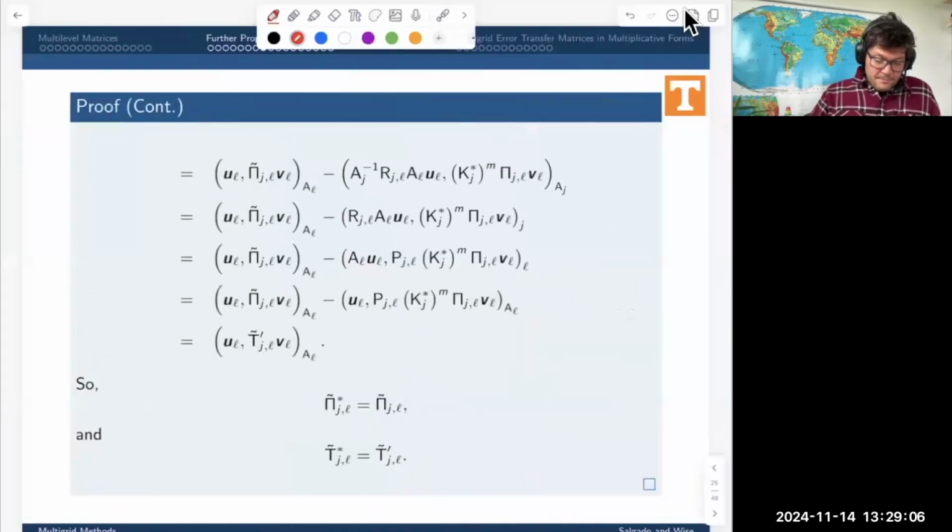So go to the other side. If I go to the other side, then the next thing I start with is exactly what I said. You go and use the definition of the pi JL matrix. That's that. Then I can bring this guy up and cancel that. Then I have an RJL. I'm going to throw the RJL over to the other side, becomes prolongation.